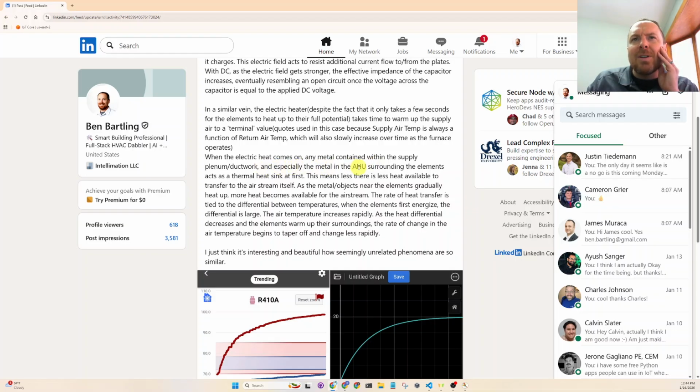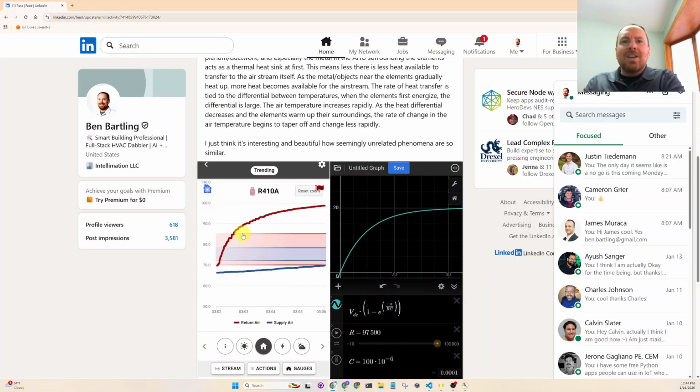Hold up, sorry. The HVAC surrounding elements act as a thermal heat sink at first, meaning there is less heat available to transfer into the airstream itself. So this is why the heat transfer is tied to the differential between temperatures. When heat is first energized, the differential is large. The air temperature increases rapidly, and as the heat differential decreases, the elements warm up and it slows down.